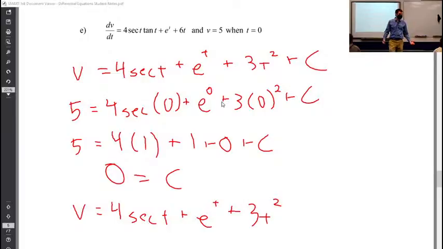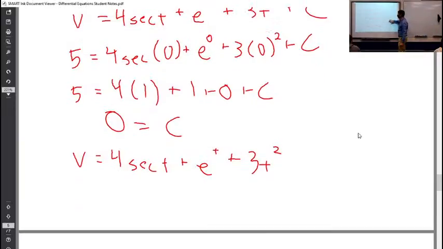They'll say at time t equals 0, maybe they'll give you the rate that a water tank is filling up. And they'll say at time t equals 0, there were, I don't know, 5 gallons of water in the tank. And so that's your initial condition that you want to factor into the rest of the problem. So that's one of the ways that a lot of these type of problems are going to come up.